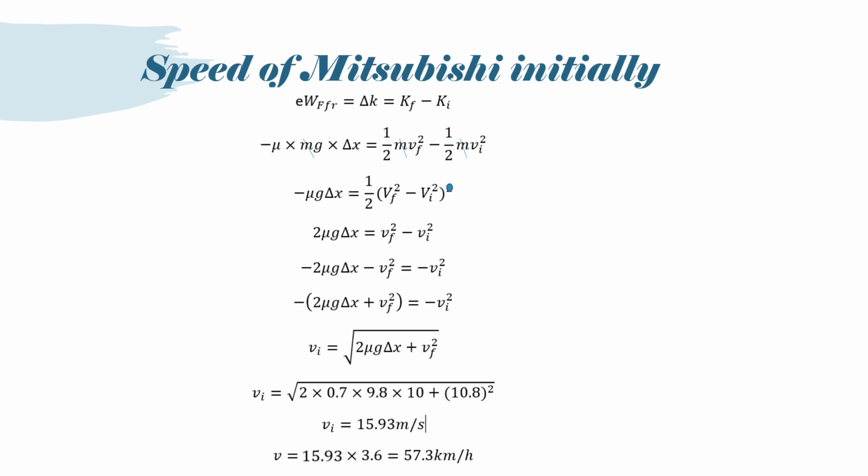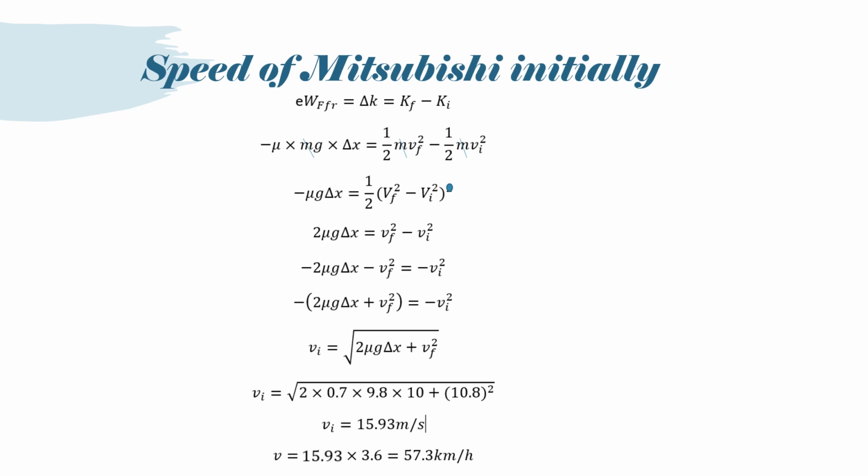We have the m on both sides of the equation as a common factor, which we can cancel out, and on the other side of the equation we have the half. It's a common factor which we can take out in the equation.